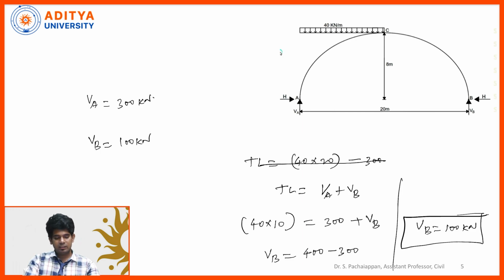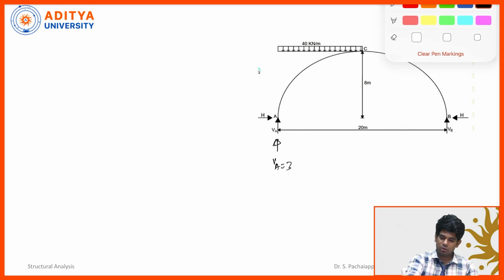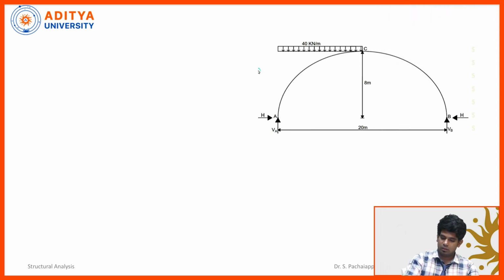Now, let us mark these reaction forces in the diagram, and then we will calculate the horizontal thrust. We got VA equal to 300 kilonewton and VB equal to 100 kilonewton.